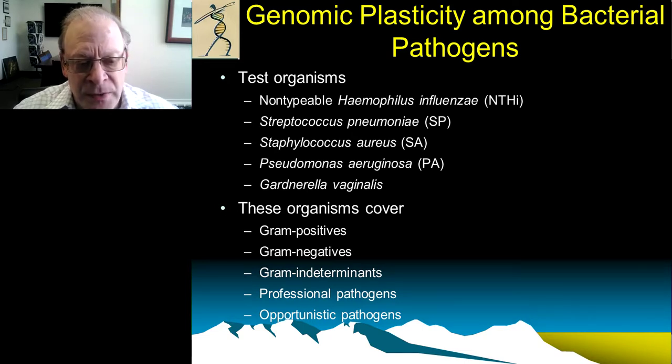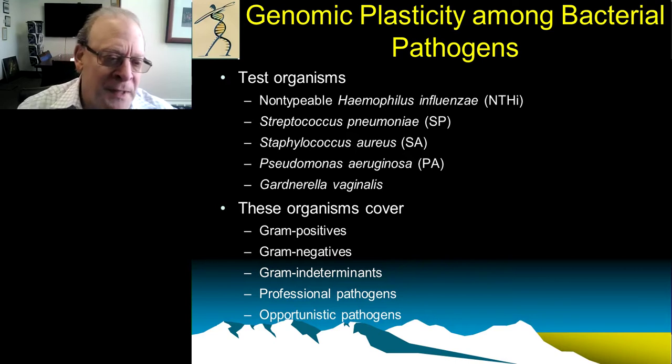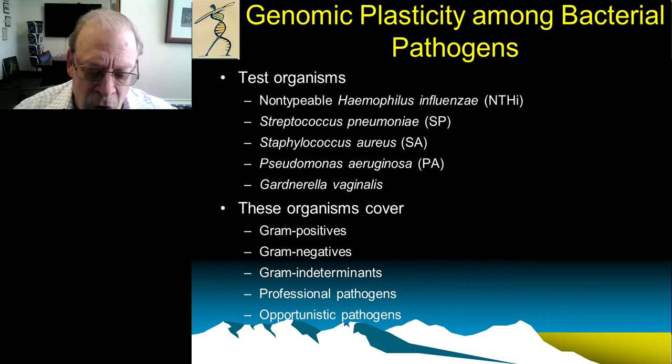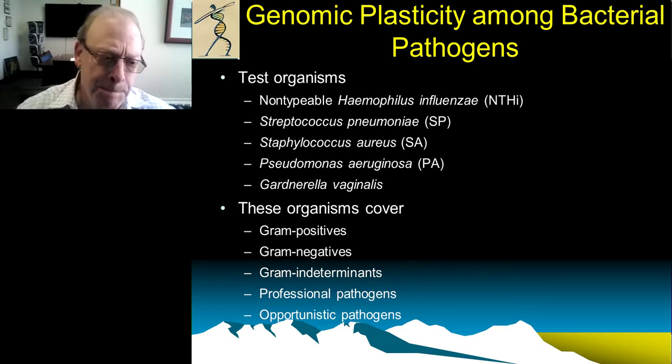We chose these as our original group because it included gram-positives, gram-negatives, gram-indeterminants, what we term professional pathogens, that is, they live nowhere except in the human body, such as Haemophilus influenzae and Streptococcus pneumoniae, and then opportunistic pathogens such as Pseudomonas aeruginosa and Staphylococcus aureus. Because we wanted to know, when we were trying to test the distributed genome hypothesis, whether it was going to be universal or not.